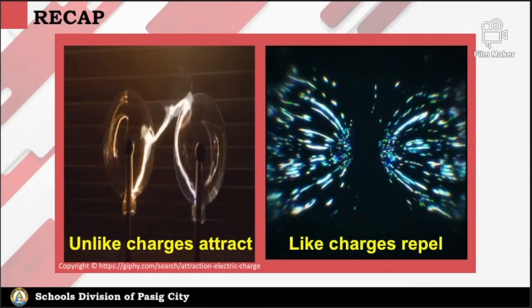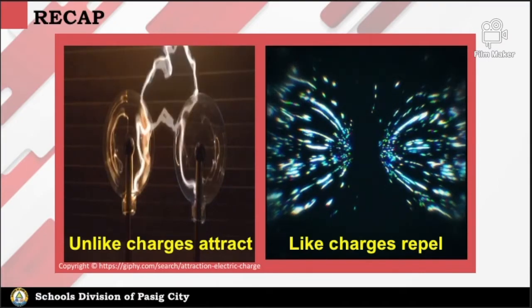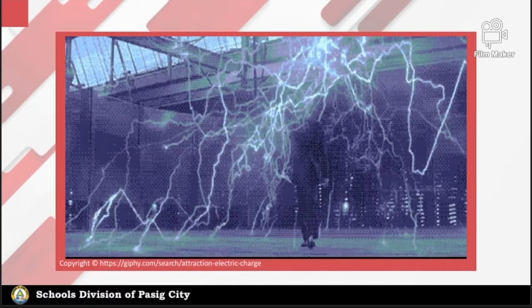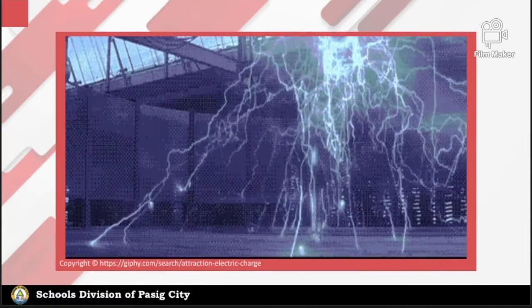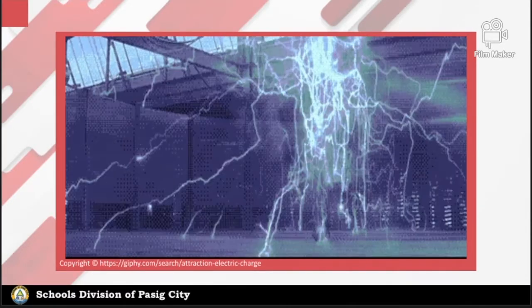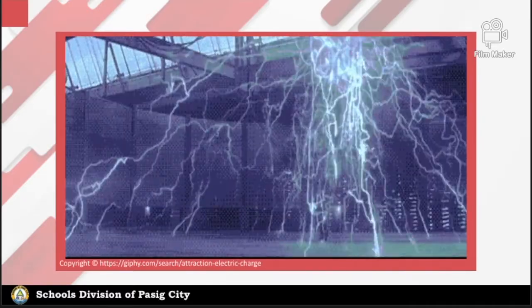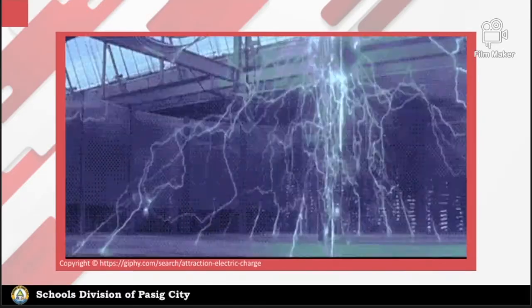We also dealt with the interaction between two electrically charged objects and the law of electric charge. We say that unlike charges attract and like charges repel. Pairs of electrical charges interact with each other according to the law of electric charge.